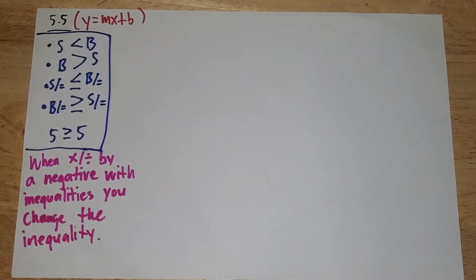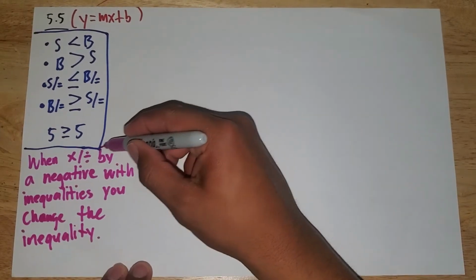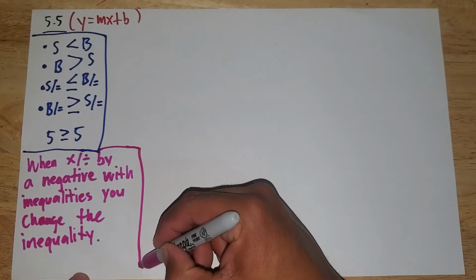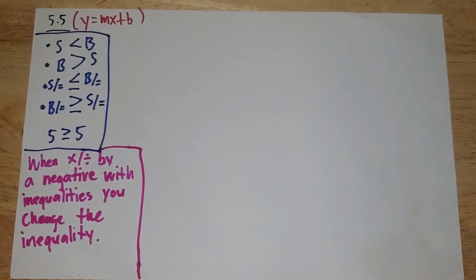So remember, whenever you're multiplying or dividing by a negative, you have to switch the inequality. So that was another big important one. These three things are what we need to be able to solve these problems.